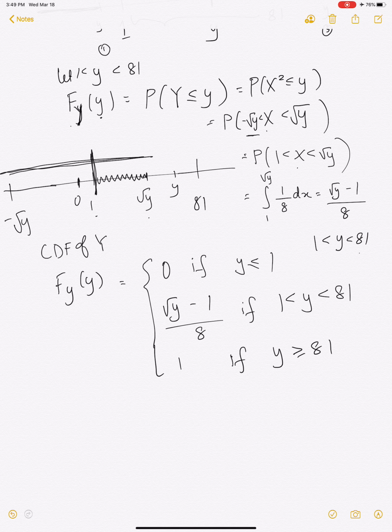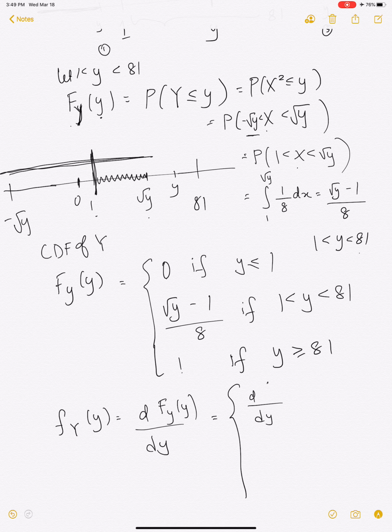All right, and how do we find the probability density function of Y? Well, we will just differentiate the CDF. Differentiating 0, you get 0. Differentiating 1, you get 0. And differentiating in there, you have d/dy of (y to the 1/2 minus 1) over 8. Okay, let's do that.